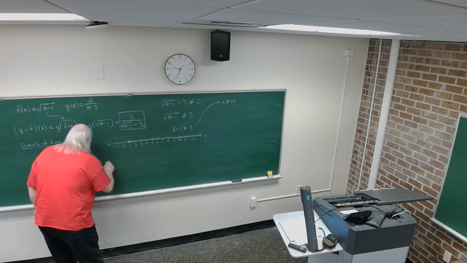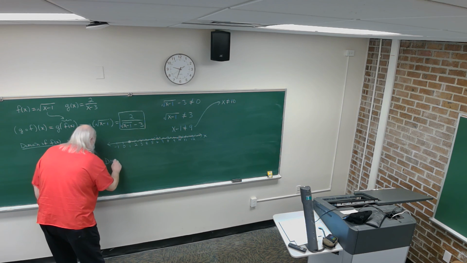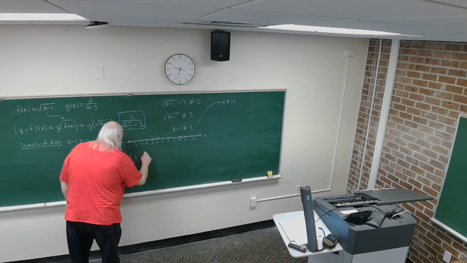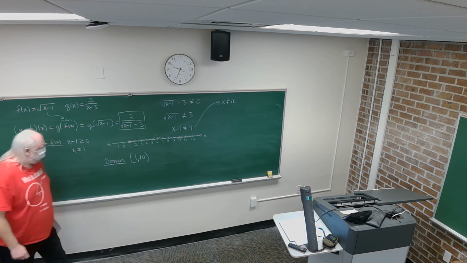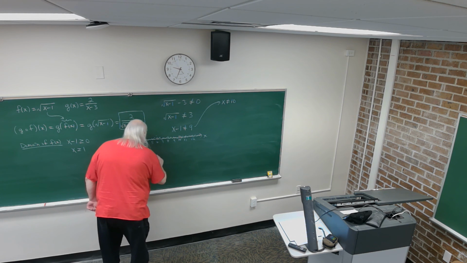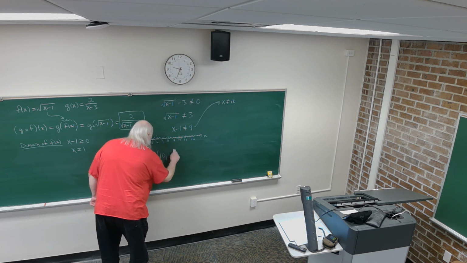So how do we write that in interval notation? Left bracket, 1, comma 10, right parenthesis, union, left parenthesis, 10 to infinity.